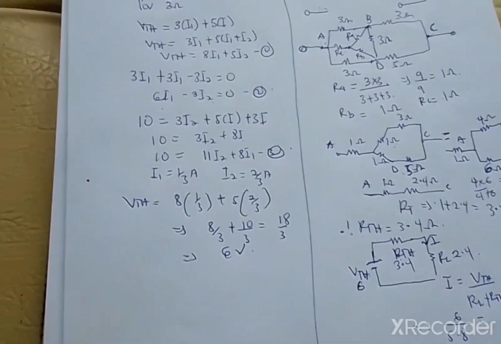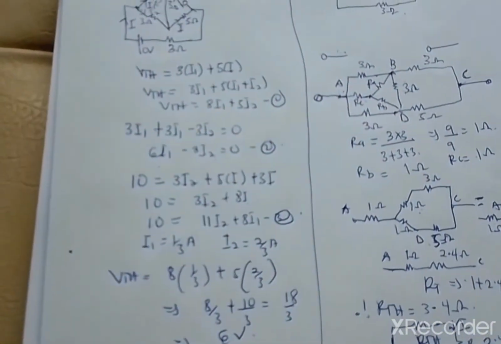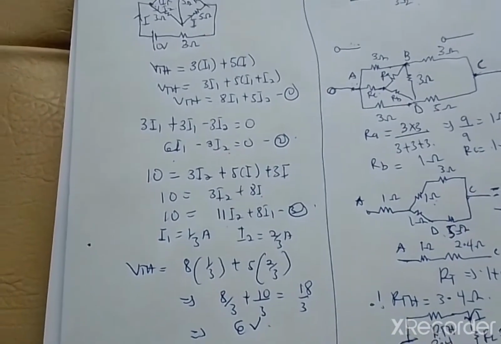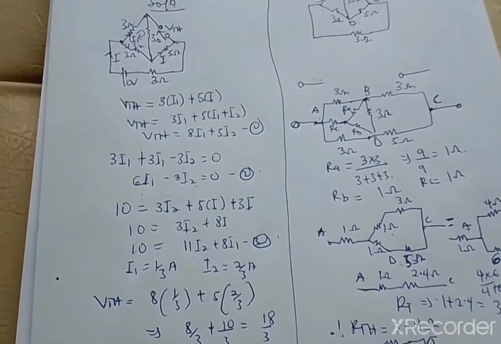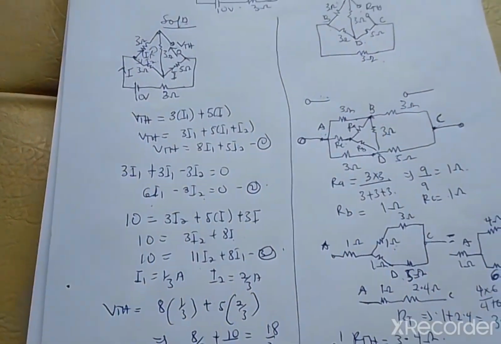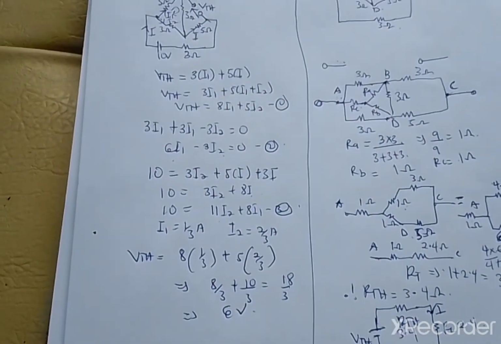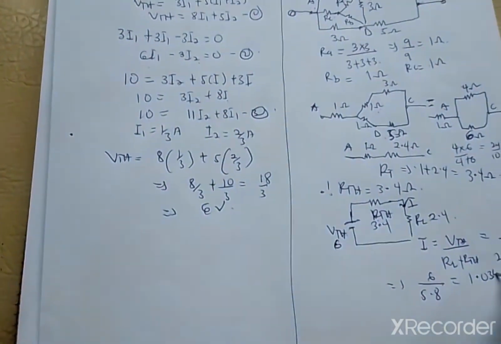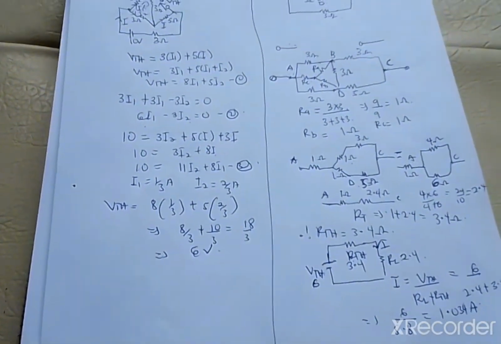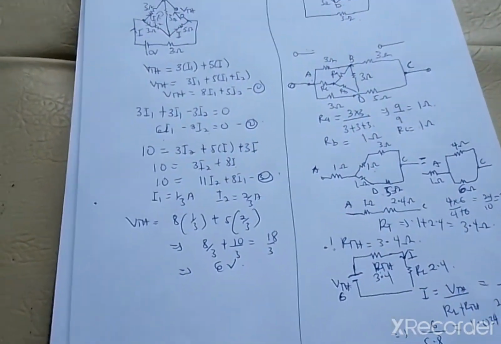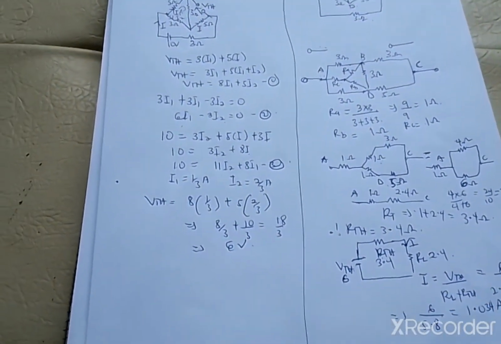So we punch this into the calculator, you have 6 over 5.8, and that will give me 1.034 amperes. So this is the current which is passing through the 2.4 ohm resistor.